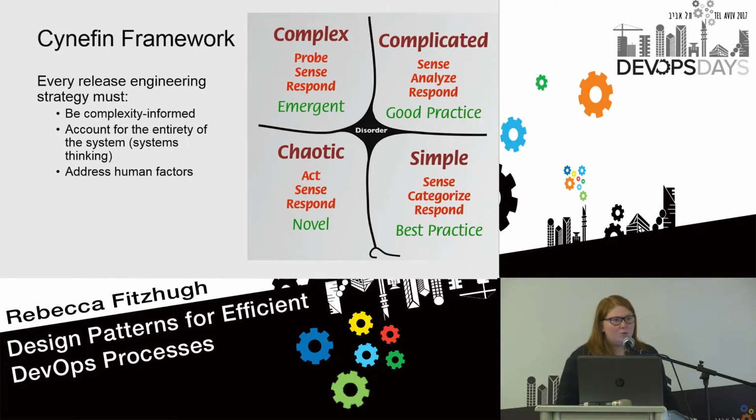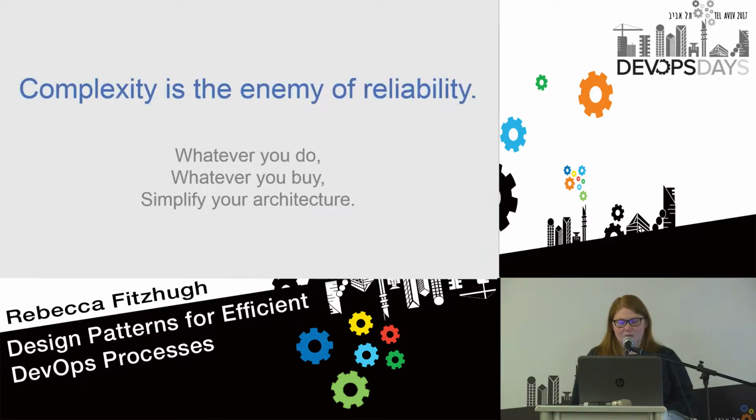So we're talking about patterns. We equate patterns to effectively best practice. So the best thing that we can do for any process is always going to be make it as simple as possible. So ideally, if we can simplify, we should. Because when it comes to architecture, whether that be software or infrastructure, this applies whether you're on the dev side or the ops side, or just DevOps, it's all about simplicity.